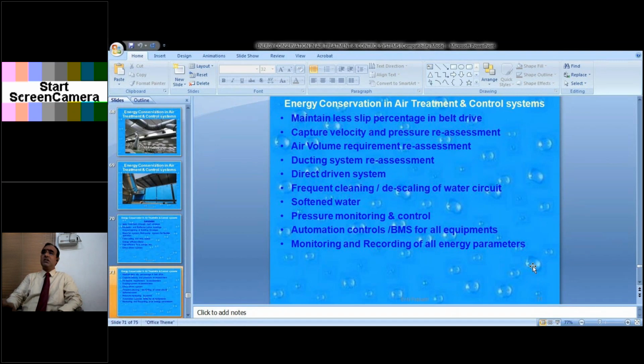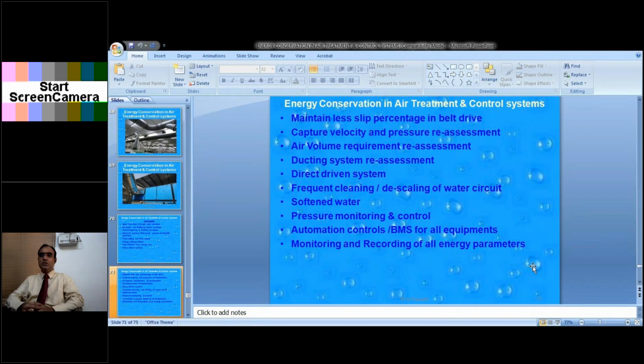Then the capture velocity and pressure reassessment: what is the exact capture velocity required, at what pressure you want to design the overall system, and the air volume requirement also. Sometimes some machines you want to exhaust the hot air. The machine manufacturer always gives a safety factor, 1.5 or 2 times. If 2,500 CMH is required to be exhausted, they will simply say 4,000, 5,000 CMH for each machine.